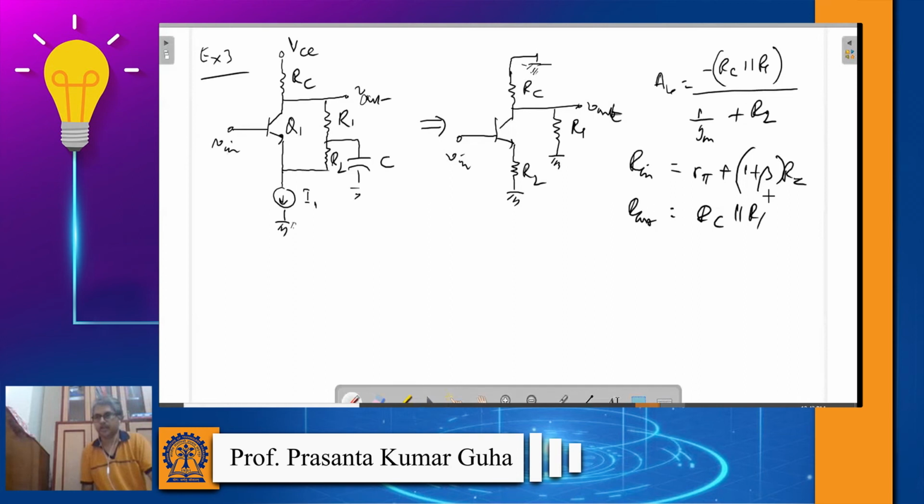Now, so far whatever we have considered is a very simple common emitter amplifier circuit, and we are trying to find out the gain of that circuit. Now next thing I would like to discuss is if we have a resistor in series with this Vin, okay, that will be the case in reality.